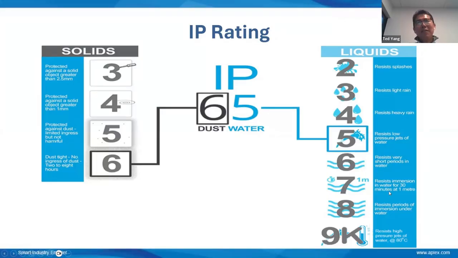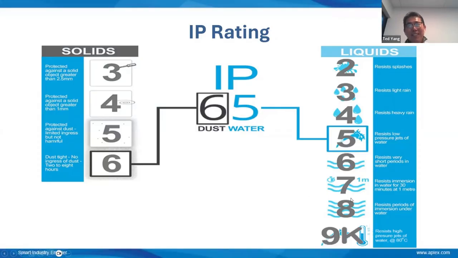If it's an IP67, that means the system is able to be submerged into the water for 30 minutes at 1 meter. But that doesn't mean the system is still going to function. It is going to survive after submerging into the water for 30 minutes at 1 meter.